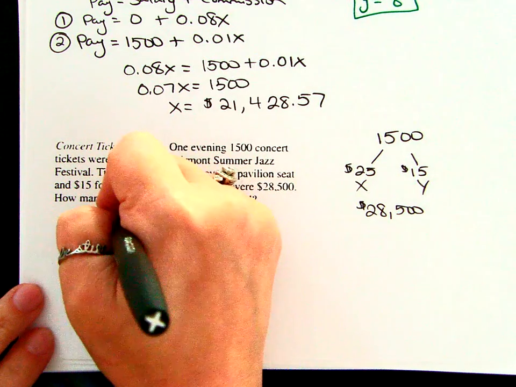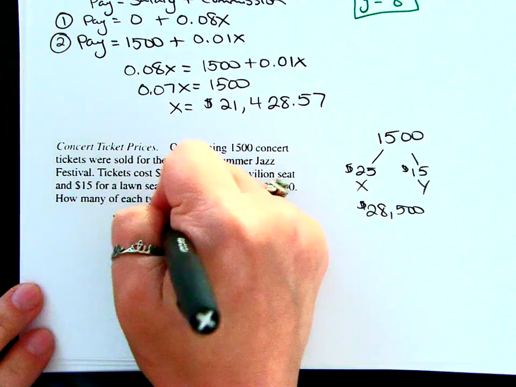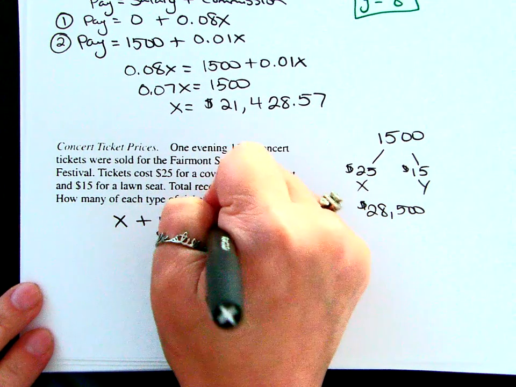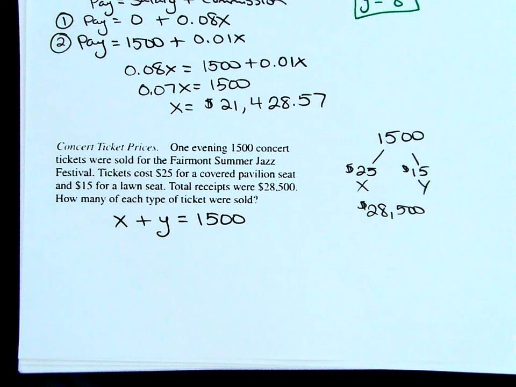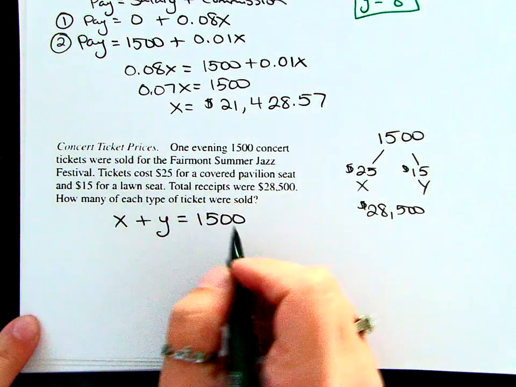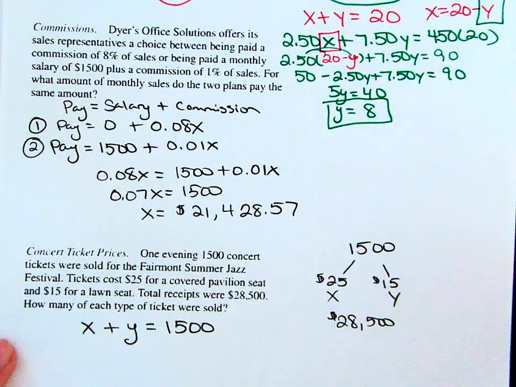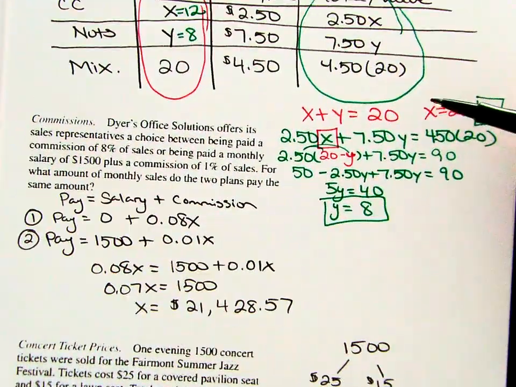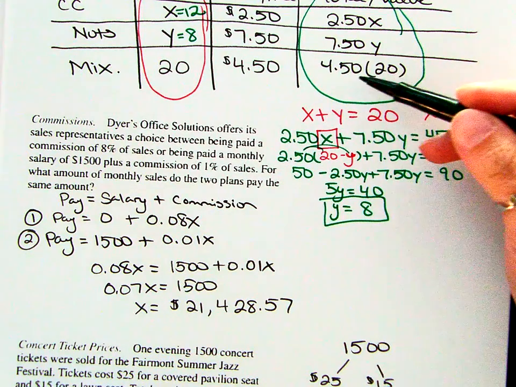To get my second equation, I'm going to take that exact equation but put the costs on it. Now, this last one is going to change a slight bit. I didn't have my grand total before, but I knew I had this many times this. Here, I know my grand total. So I'm not going to have 1,500 times something. I'm just going to have the 28.5.